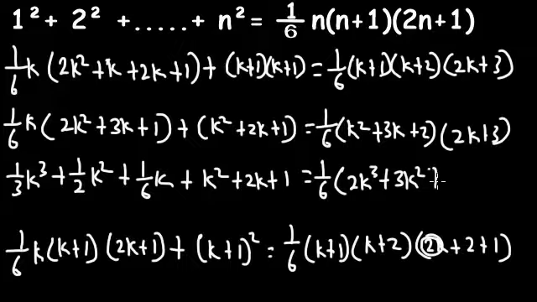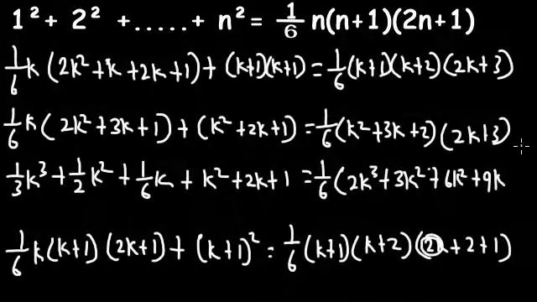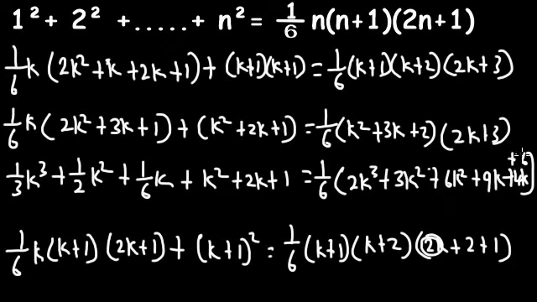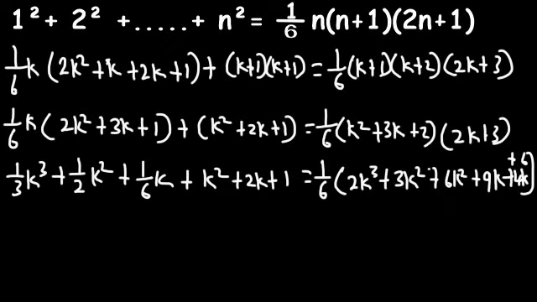Then 3k times 2 gives us plus 6k, and 3k times 3 gives plus 9k. 2 times 2k gives us plus 4k. And finally, 2 times 3 gives us plus 6. Okay, perfect.